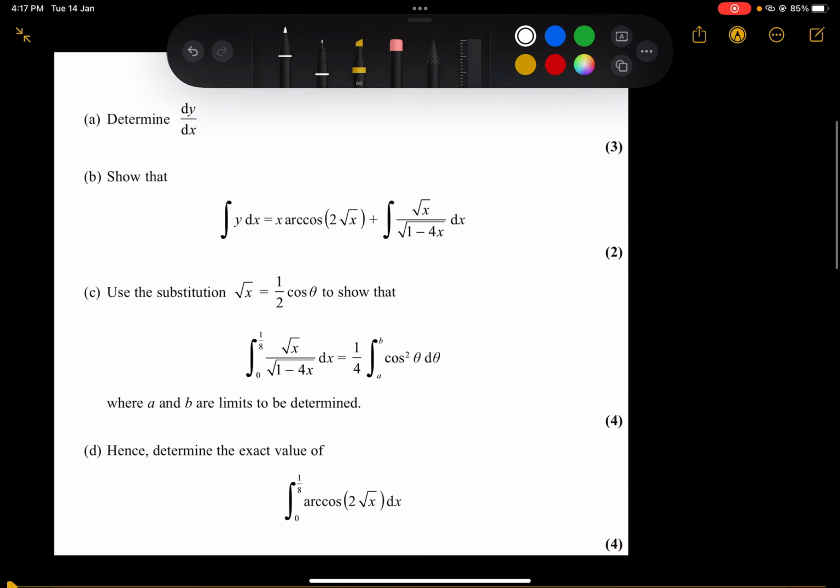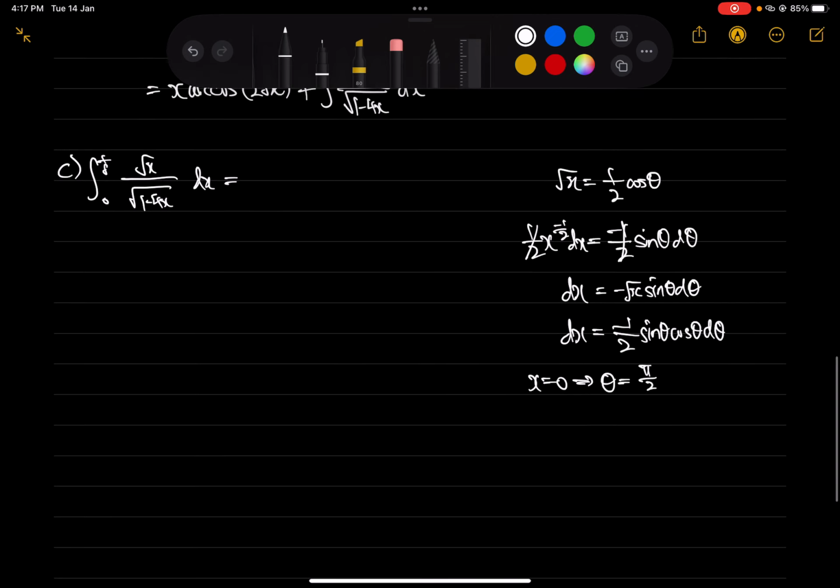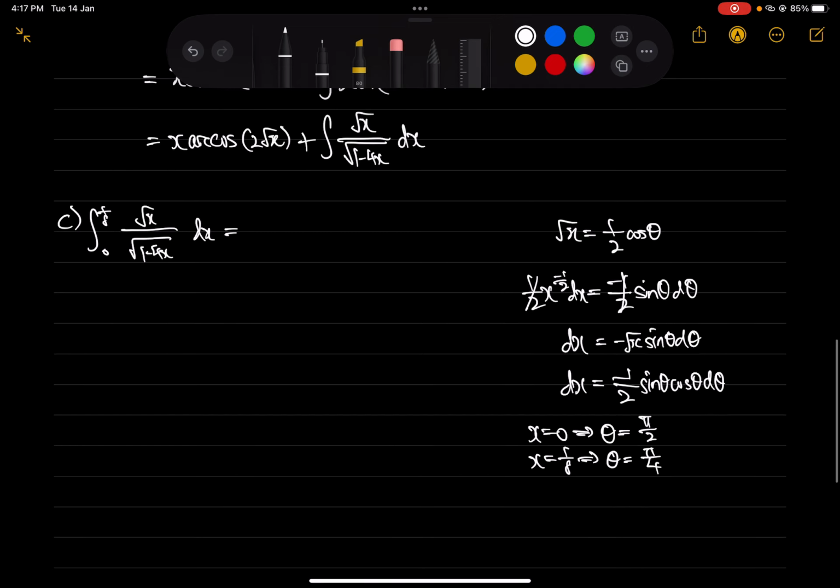yeah, it's 0 to 1/8, so obviously x equals 0 implies theta is pi/2. x equals 1/8 implies theta, well, 1/8 rooted is 1/2 root 2, so it's root 2/4. So cosine theta equals root 2/2, so theta is pi/4.